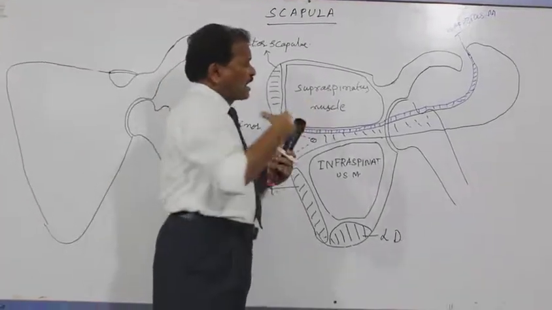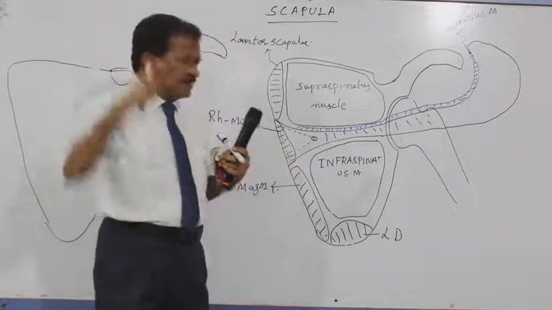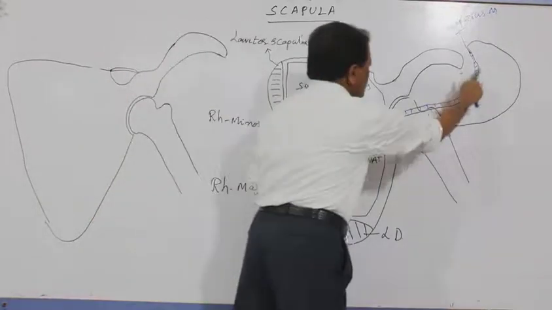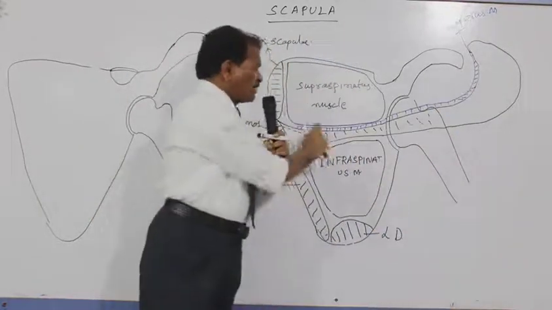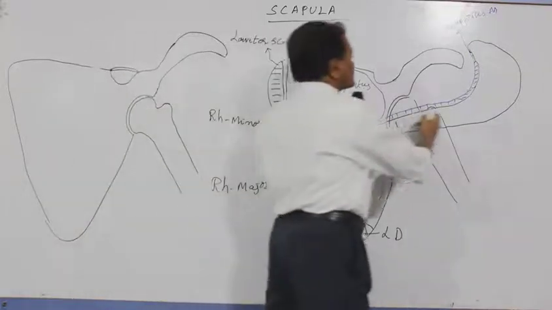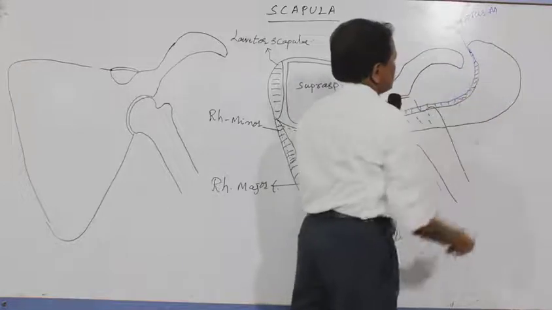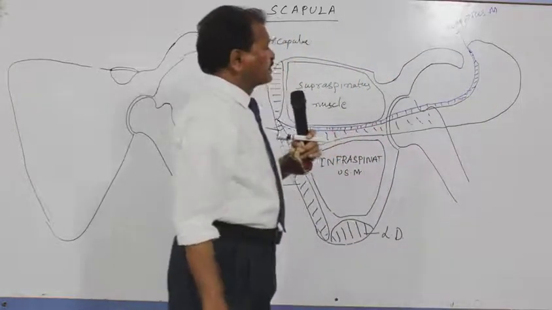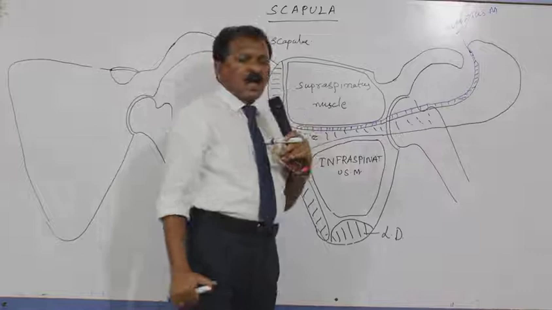From there it descends downwards and is inserted along the upper border of the crest of the spine of the scapula, and its insertion extends to the lateral and medial border of the acromion process of the scapula.